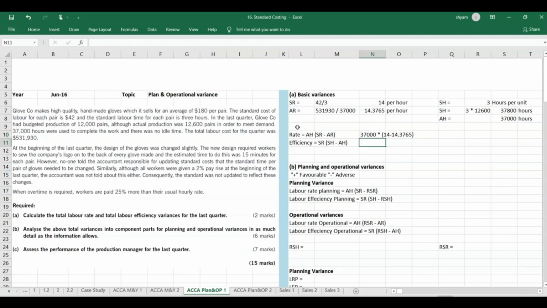And again SR into SH minus AH. SH is 37,800.